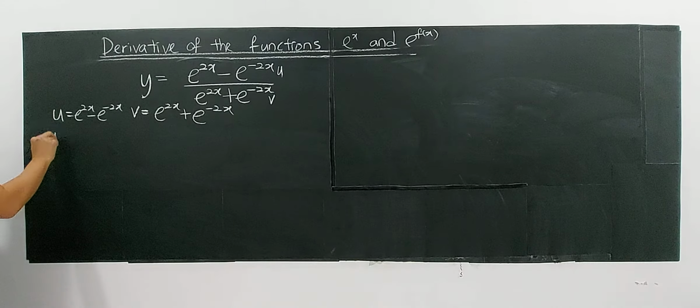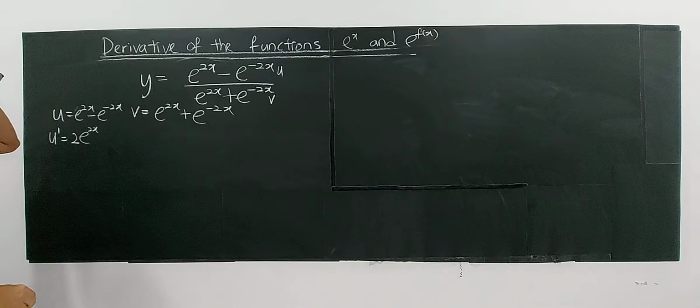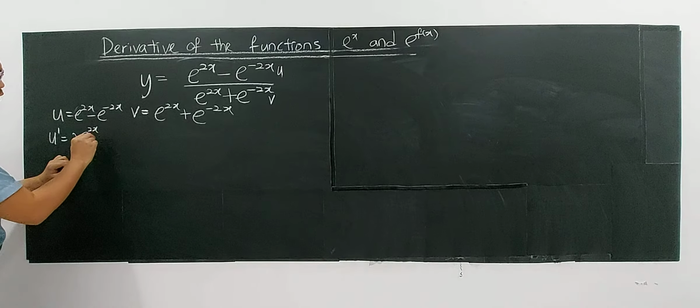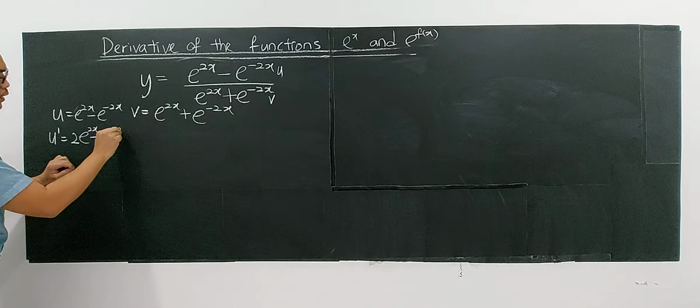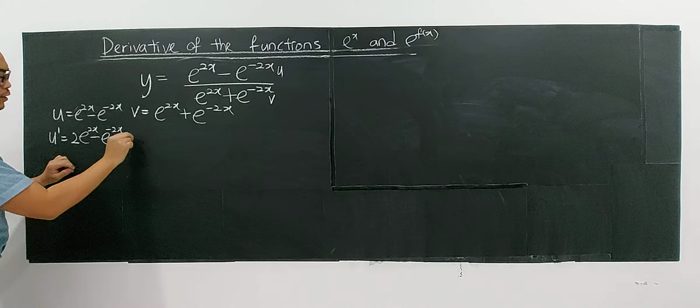Just differentiate as usual, du/dx, u prime. Differentiate e^(2x): copy back, differentiate the 2x, you have 2. Then differentiate e^(negative 2x): copy back, differentiate the power, you have negative 2.